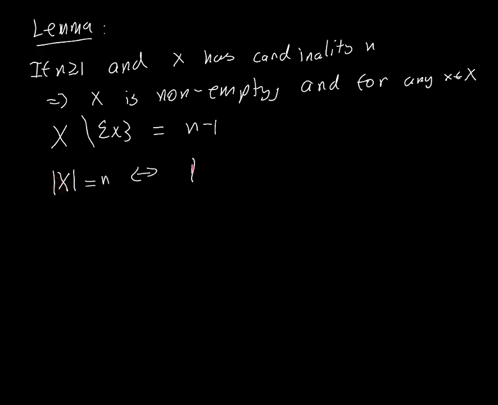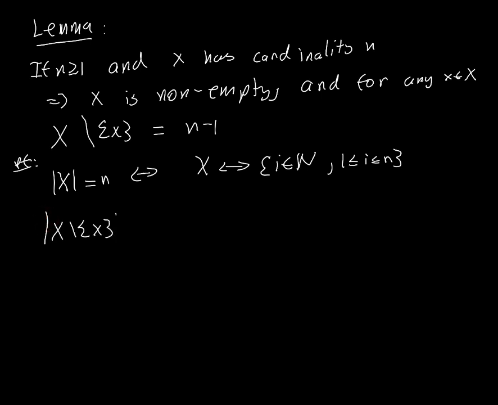That means that there's a bijection from X to the set of i such that 1 is less than or equal to i less than or equal to n. And now we say there's actually a bijection from X to the set n minus 1.